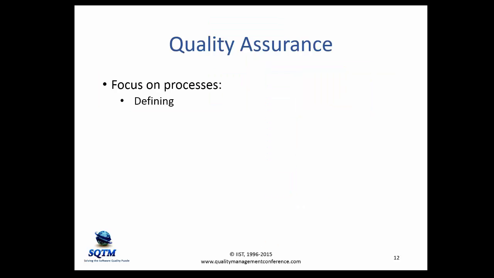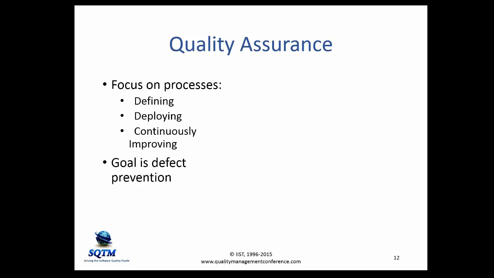So their primary focus is on defining, deploying, continuously improving. Goal is defect prevention. Well, see how that is different than the quality control function, because their function is on defect detection. Ours in quality assurance is on defect prevention.